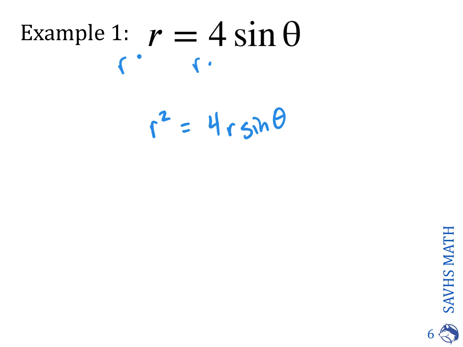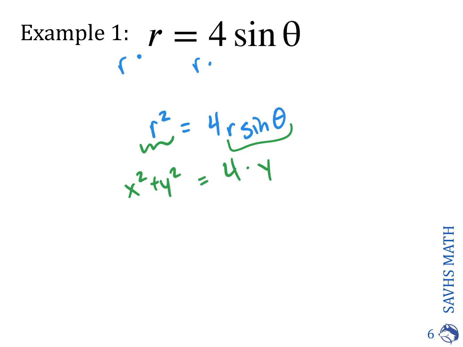If I think back to what I have learned in the last couple of days, I know that if I have an r sine theta, I can rewrite that as a y. So I still have 4y on this side, and then this r squared is x squared plus y squared.